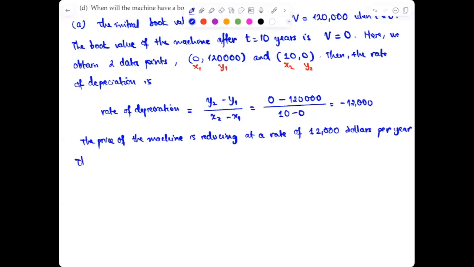Therefore, the linear function is capital V of t equal to negative 12,000 times t plus 120,000.